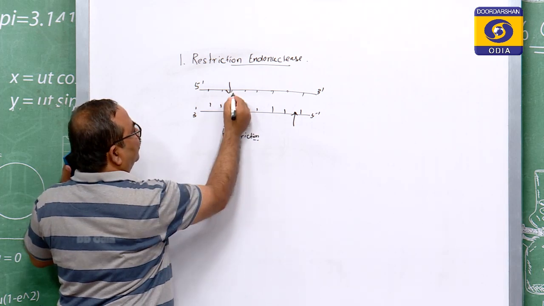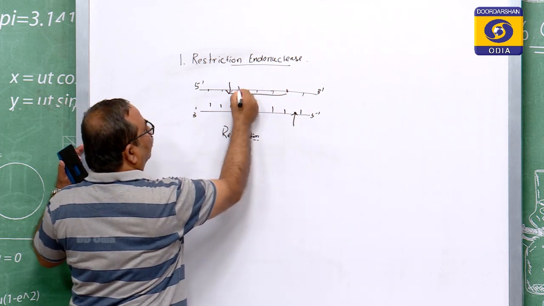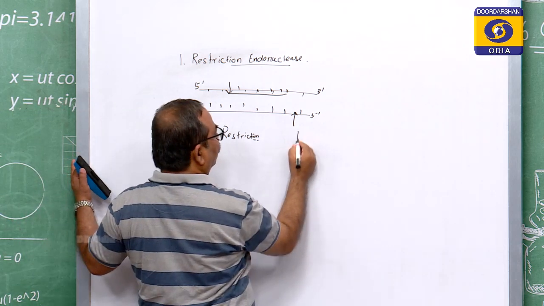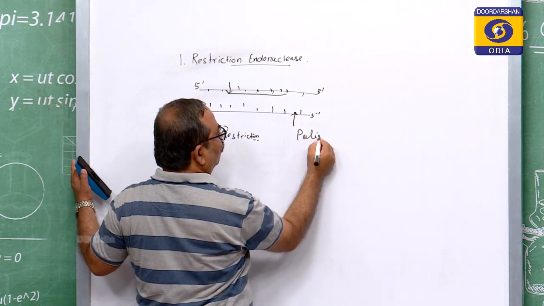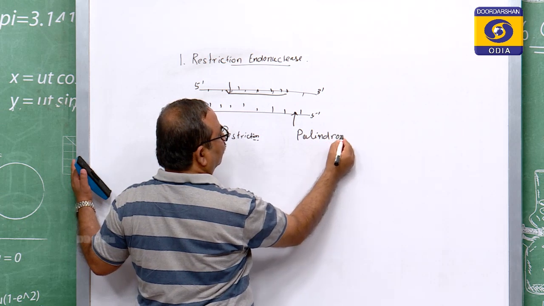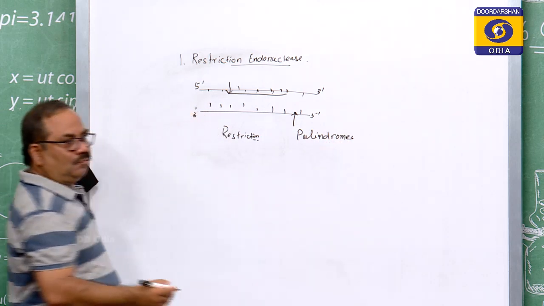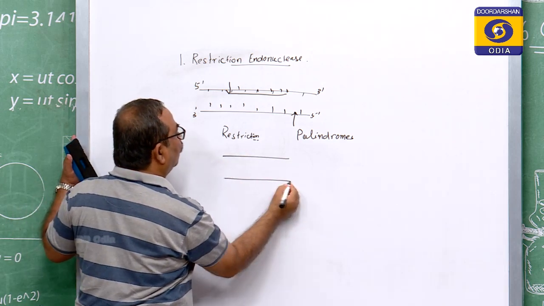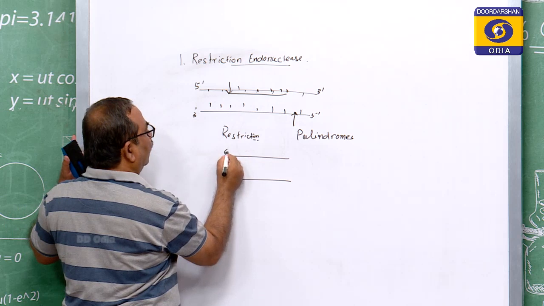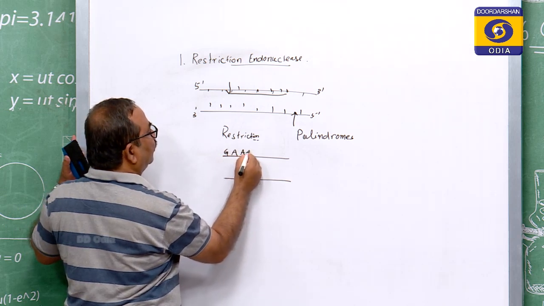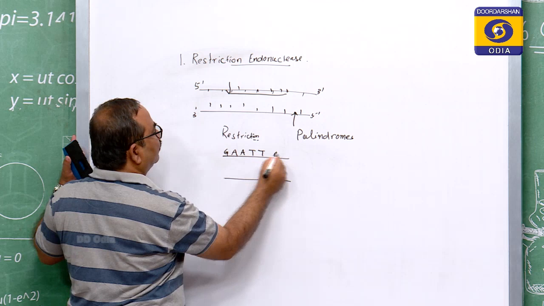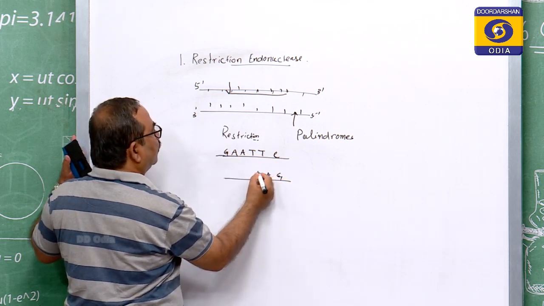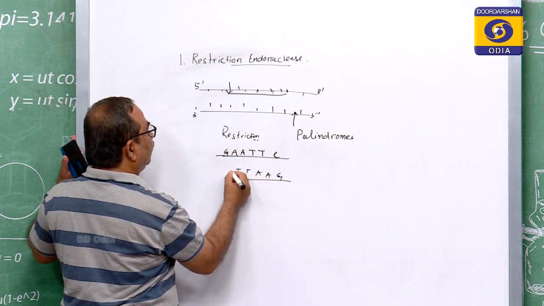So, the specific sites, the sequence of DNA nucleotides, will be palindromes. These palindromes are nothing but small segments of DNA which read the same from both the ends. Like we have a sequence of nucleotides GAATTC.